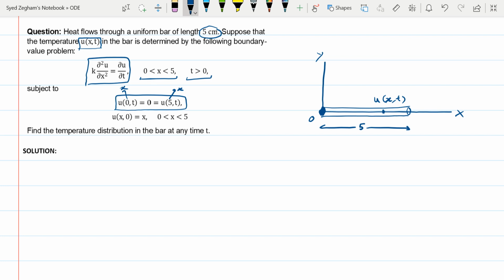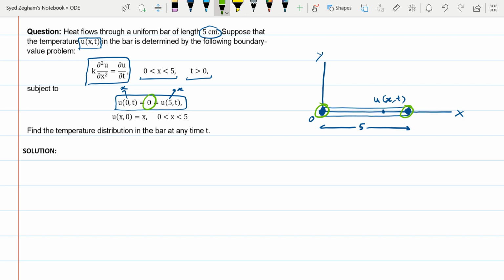It means they are talking about the other end. So what is this condition? That u(0,t), the temperature at this end, and u(5,t), the temperature at this end, at both ends of the bar, the temperature is equal to 0.